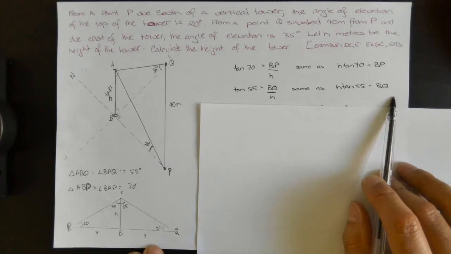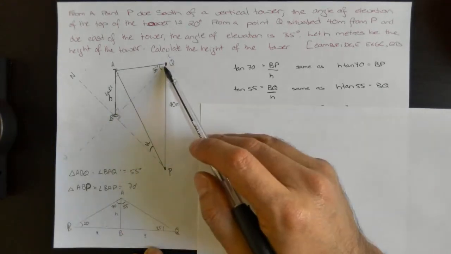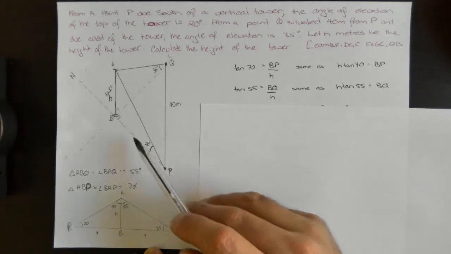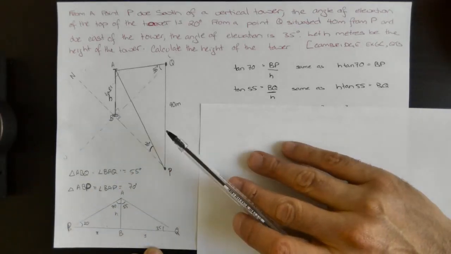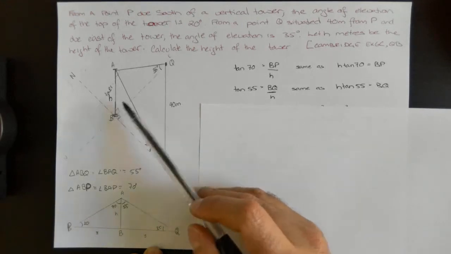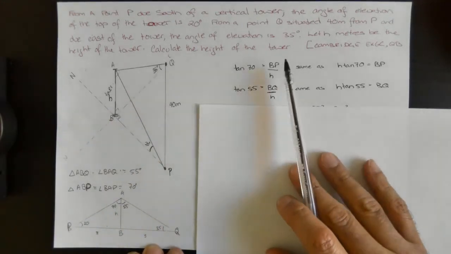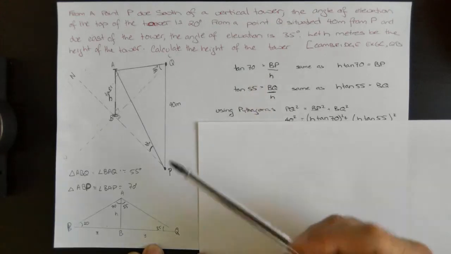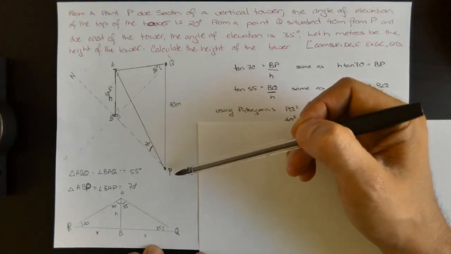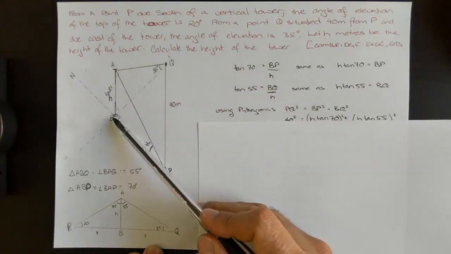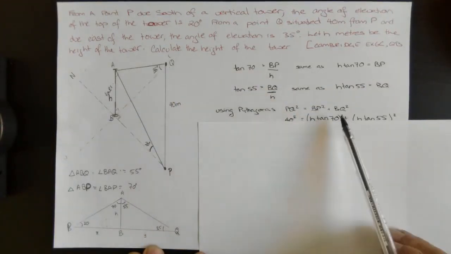And the reason why I wanted to do that is because I know that Q was due east and P is due south, so that creates a 90-degree angle on the flat surface. So now BQP is a right angled triangle, and I can use Pythagoras' theorem. PQ squared is the sum of BQ squared plus BP squared.